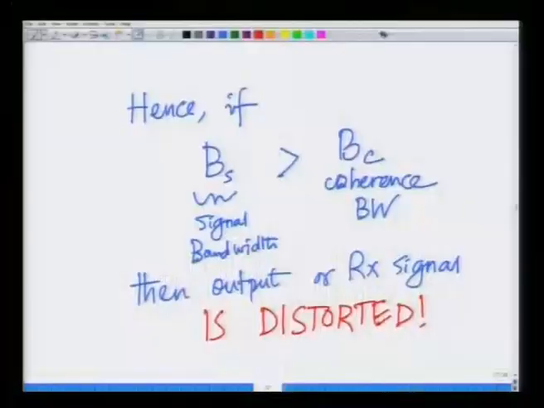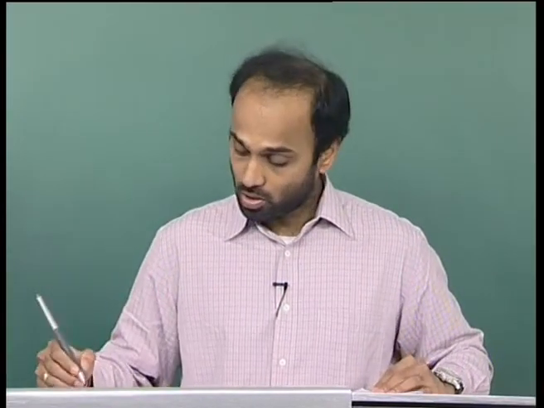If my signal bandwidth is greater than the coherence bandwidth, then because outside of the coherence bandwidth the channel is attenuating, my received spectrum is attenuated at the edges, which means my received spectrum is a distorted version of my transmitted spectrum, and hence coherence bandwidth is an extremely important concept.